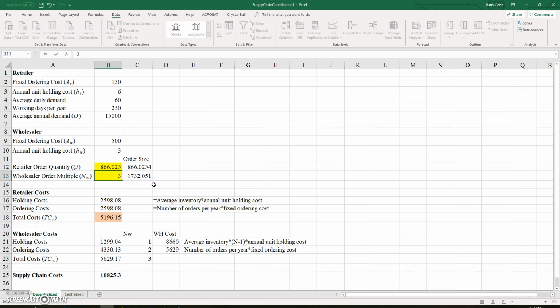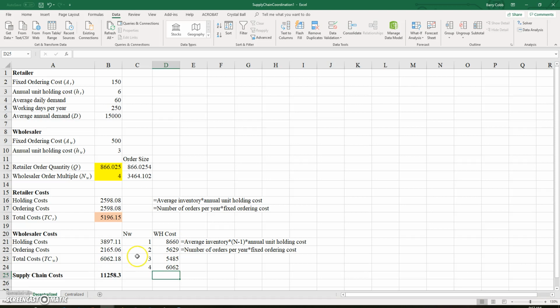Now we need to try a multiple of 3. At a multiple of 3, the wholesaler cost is $54.85, which is again better than the multiple of 2. So we need to keep going until we find the lowest cost associated with a multiple. When we try 4, the wholesaler cost actually increases to $6,062.